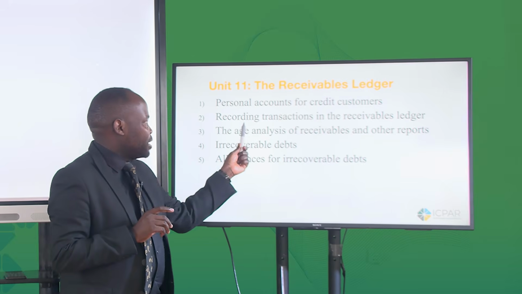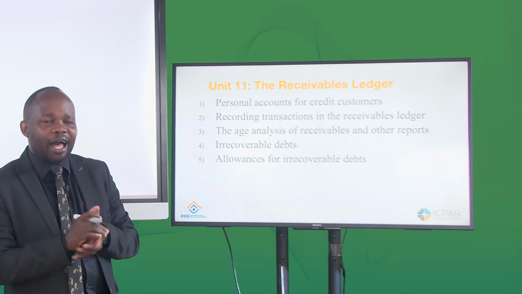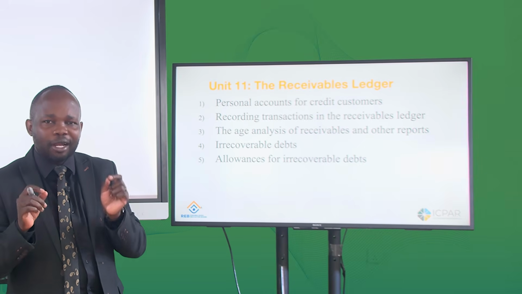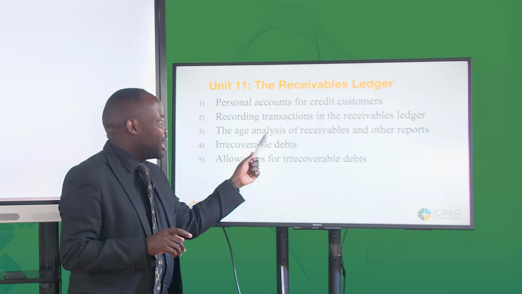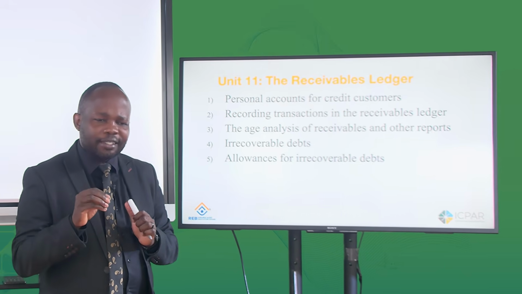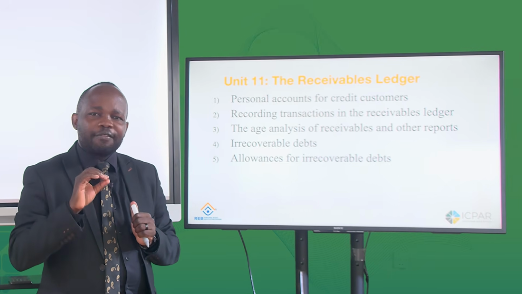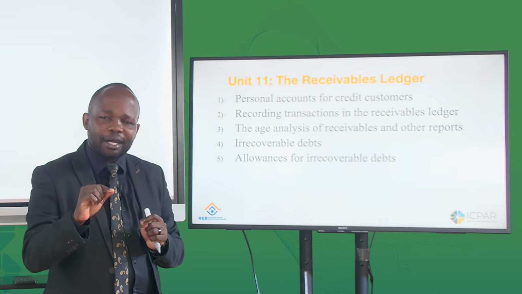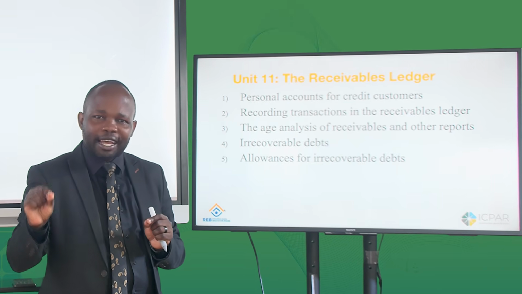So recording transactions in the receivables ledger: how do we post the transactions in the individual accounts of customers? Number three, the age analysis of receivables. Remember, receivables are sales made on credit. If the sales were on credit, it means the customers will pay us after a certain period of time.